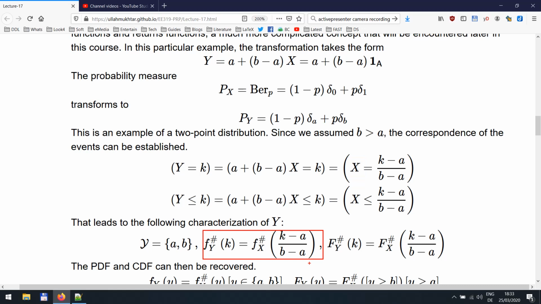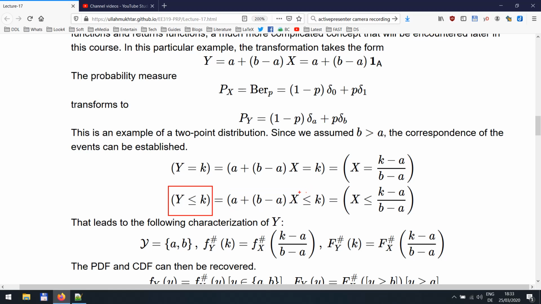Now let's go for the CDF or cumulative distribution function. That's not so straightforward, but we can still go about it. A question for the CDF will look like that. Uppercase Y taking a value not exceeding k, we simply replace Y with the expression under the transformation, and we now solve this inequality.